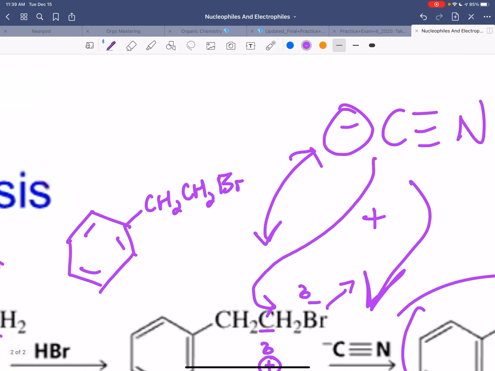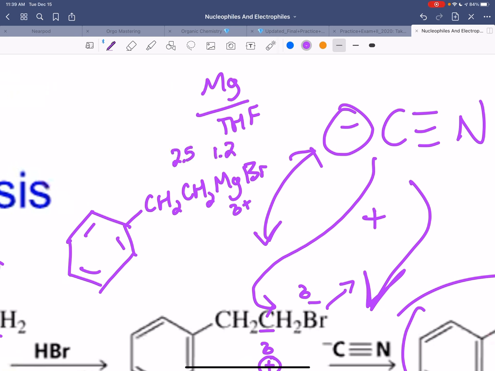If you added Mg, and I think it's THF, what you would do is slide a magnesium here, and magnesium is very electropositive, with an electronegativity of 1.2 compared to carbon's 2.5, so by contrast it's going to give carbon a partial negative charge, thus making it a nucleophile.